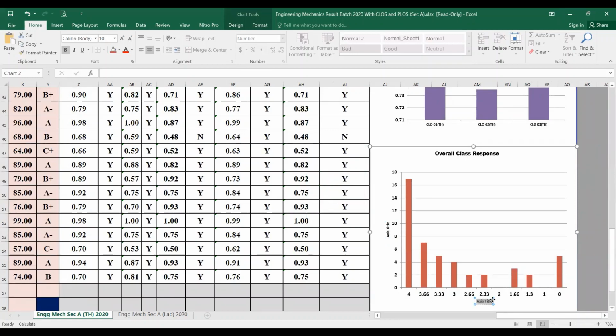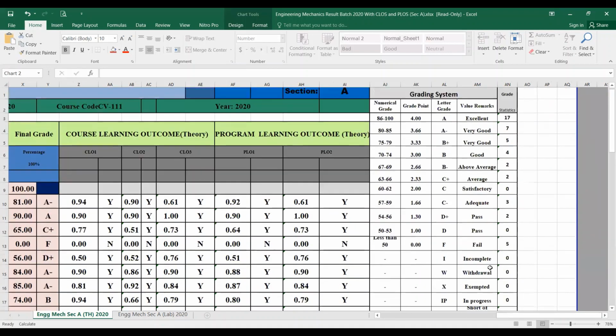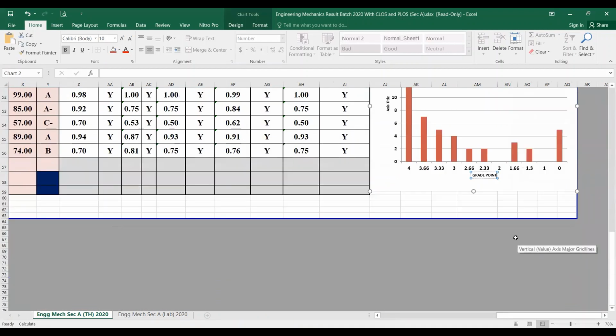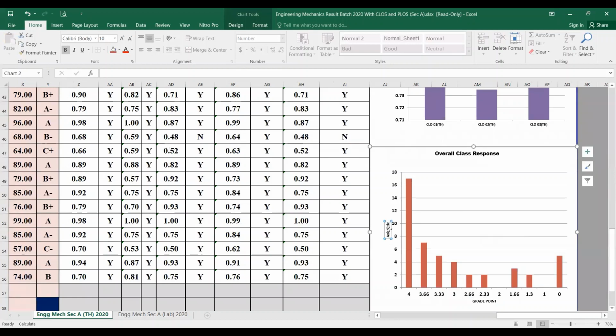Let me put it here, grade point, and you can say it is GPA. Here I put grade point, and on the y-axis I have taken grade statistics.